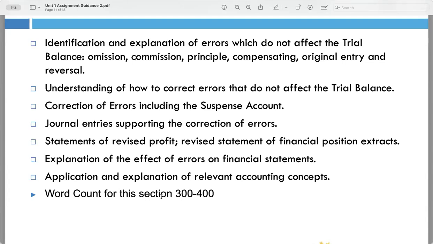This includes concepts like accruals, depreciation, and matching principles. So the word count for this task is around 300 to 500 words.